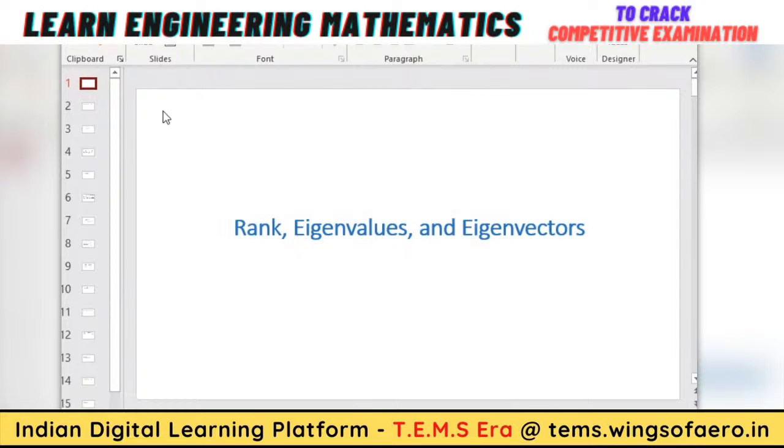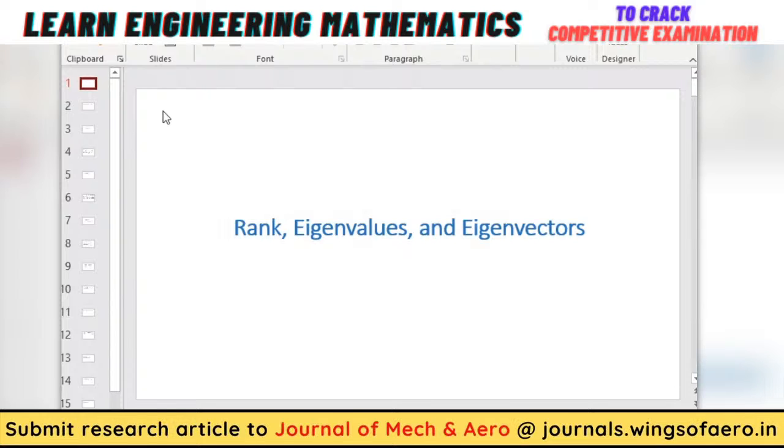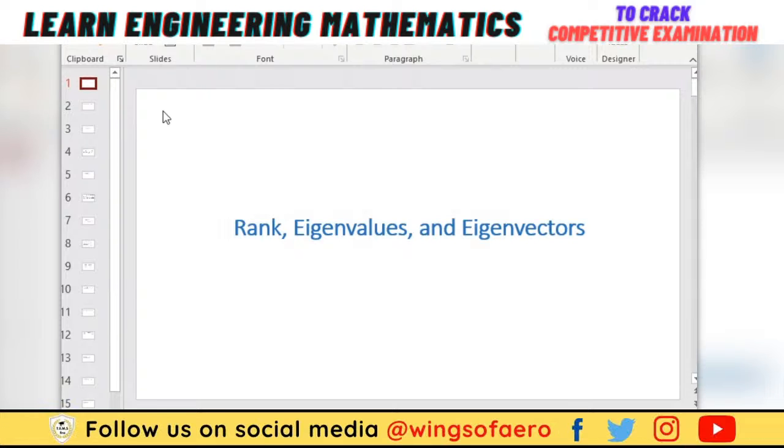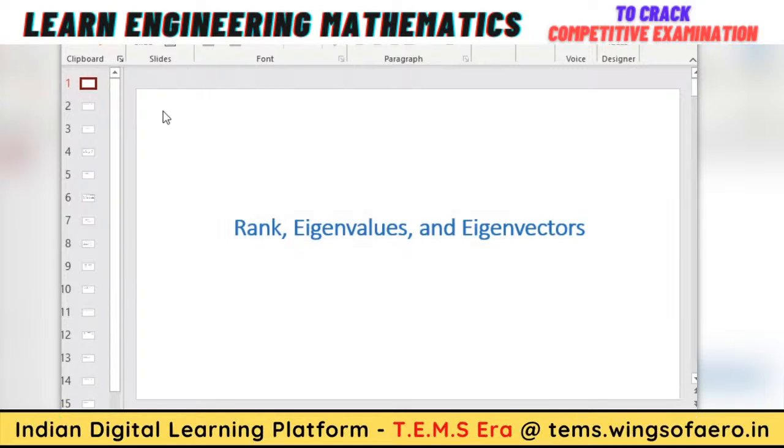One method is finding the determinant, and the second, easiest method is to apply elementary row operations on a matrix. For eigenvalues, you know how to find the characteristic equation and then the eigenvalues. These are very simple techniques.